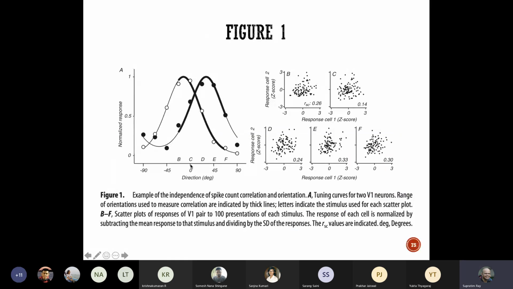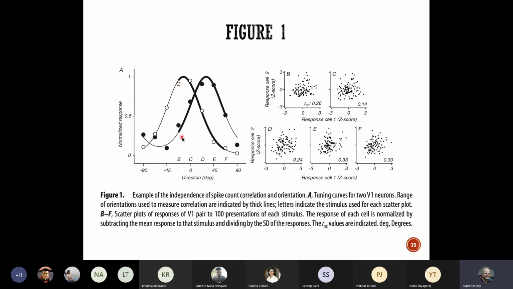I can look at any particular orientation, let's say orientation B, which is minus 22.5 degrees. One neuron is firing an average of these many spikes, the other neuron an average of these many spikes. But these are averages of lots of trials.